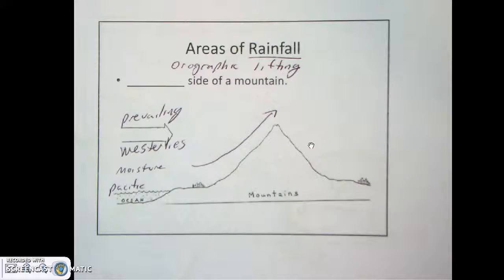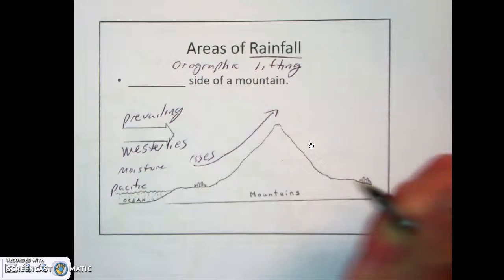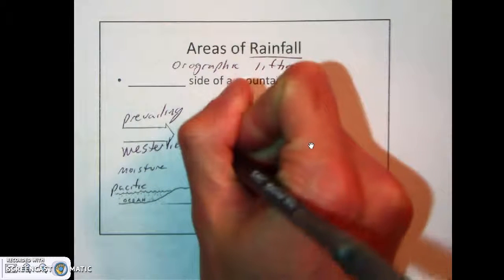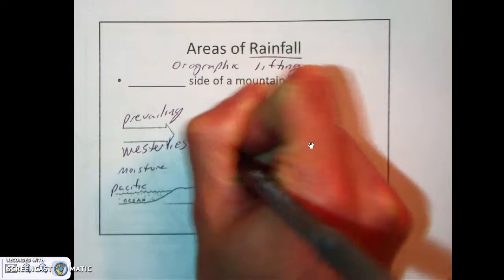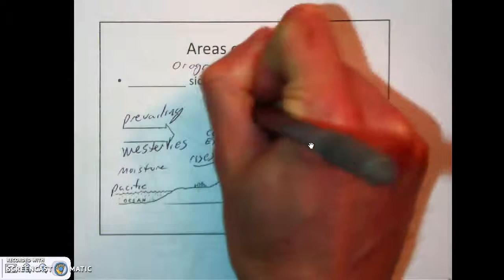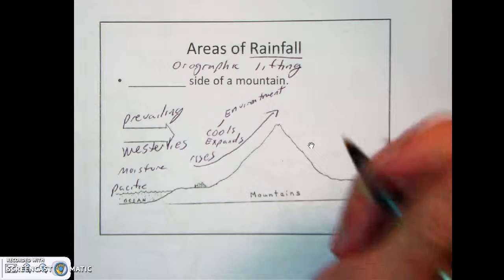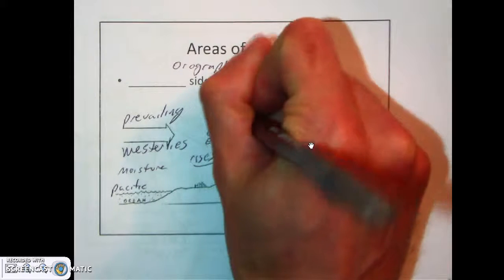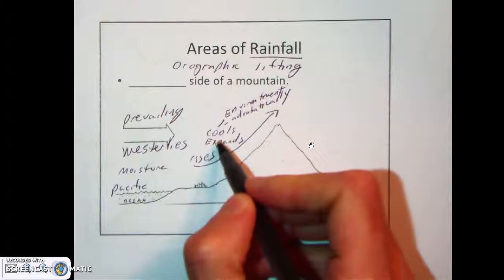The wind pushes the air mass into the side of the mountain. It has nowhere to go but up. Now, when this happens, we have air rising, and when it rises, it cools and expands. So it cools two ways: due to the environment, meaning it's cooling because of altitude, but it's also cooling adiabatically, because it's expanding.